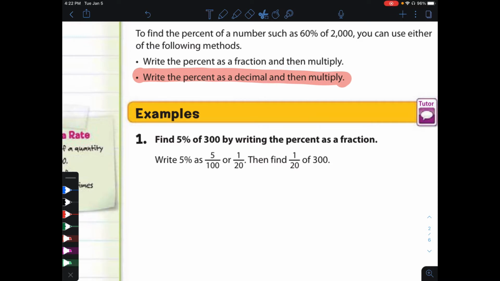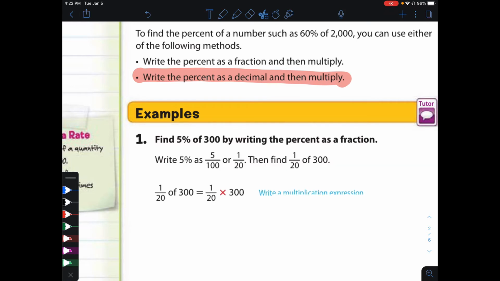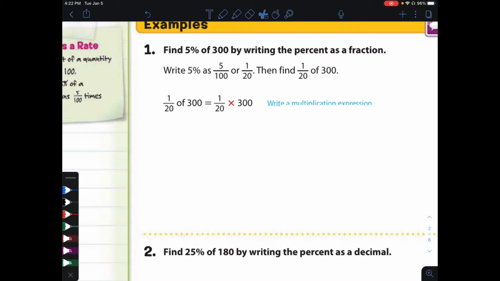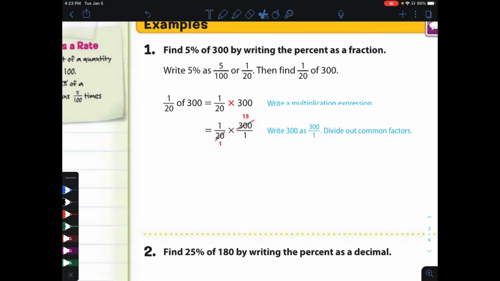Remember, of is always translated into multiplication, and that's where we get our next step. We know that 1 over 20 of 300, again the word of is translated into multiplication, becomes 1 over 20 times 300. We simplify that by cross canceling. The greatest common factor of 20 and 300 is 20.